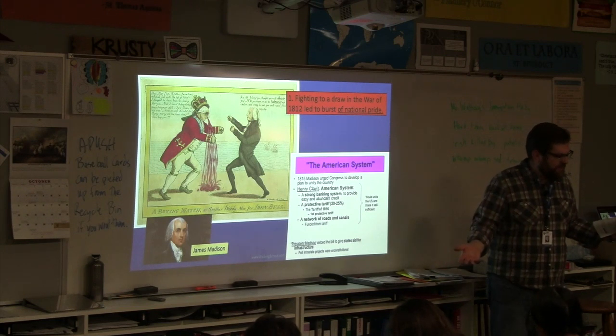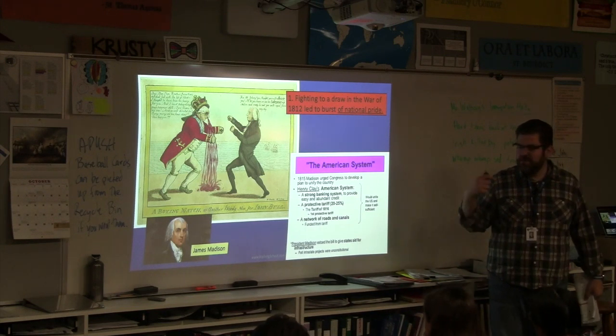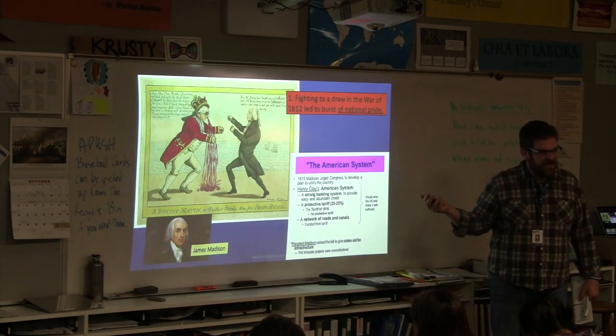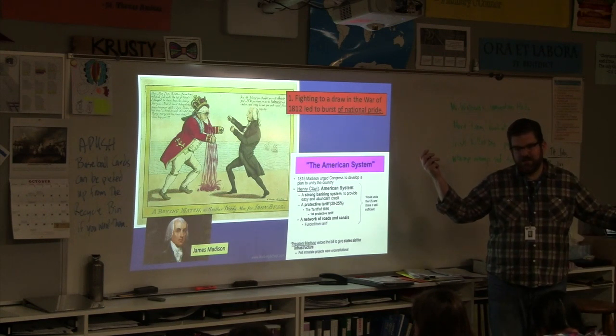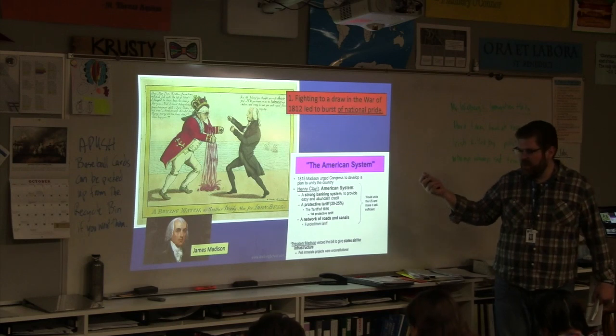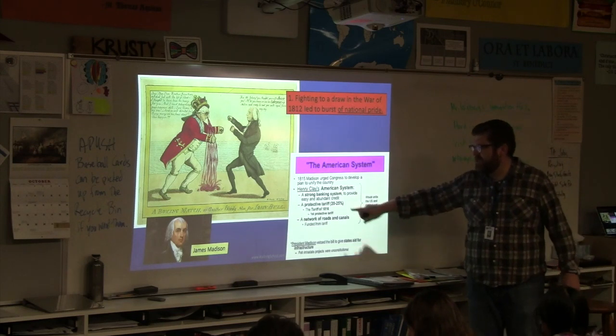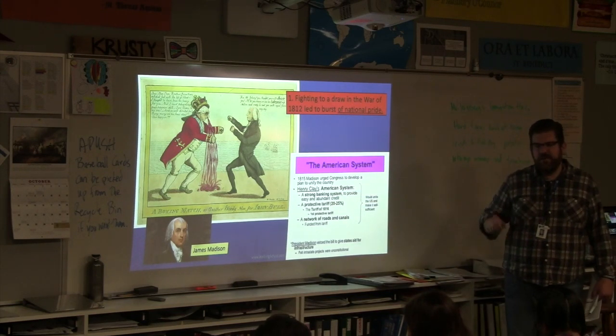The bank lapses. And that's actually one of the problems that Madison had during the War of 1812, was financing it. He had to go to just local banks and borrow money because there wasn't an easy way to do it. So Henry Clay's American system: strong banking system, have a Bank of the United States.